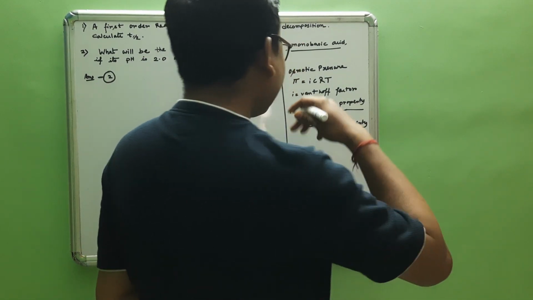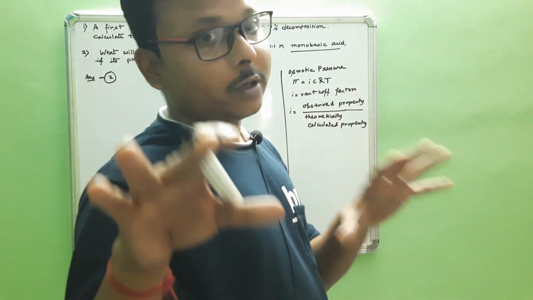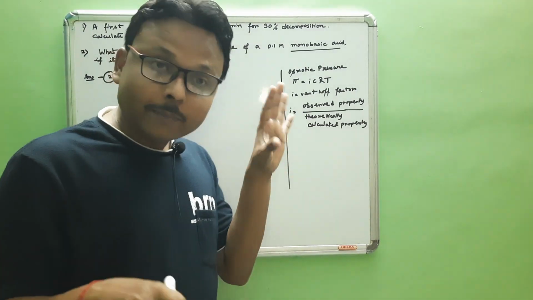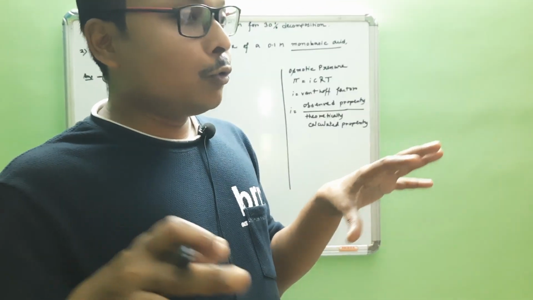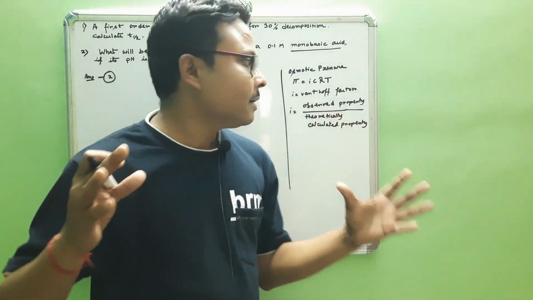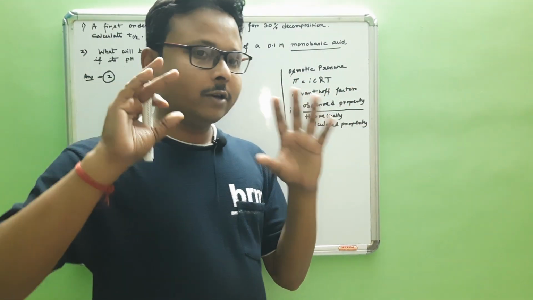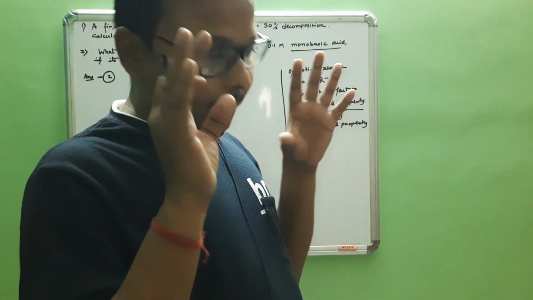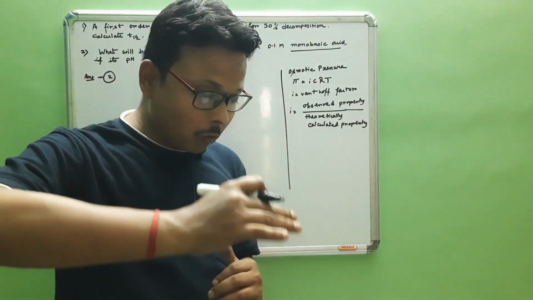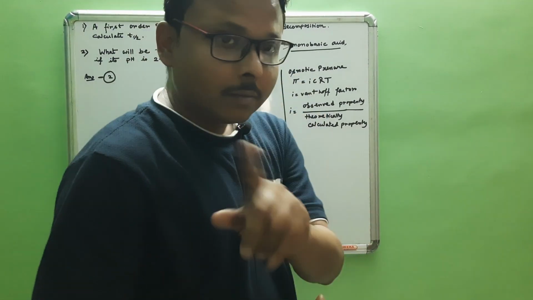Observed property means what is happening in the actual form, in the real ground, and theoretical property means when you are not considering the real ground scenario. So observed property means you take into consideration the realistic ground level scenario.